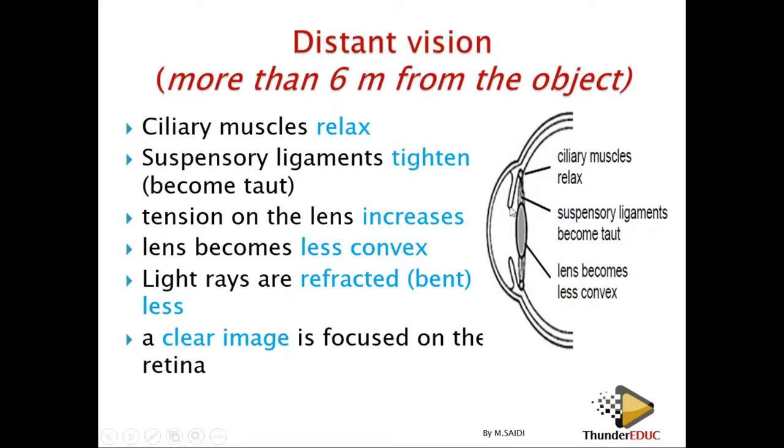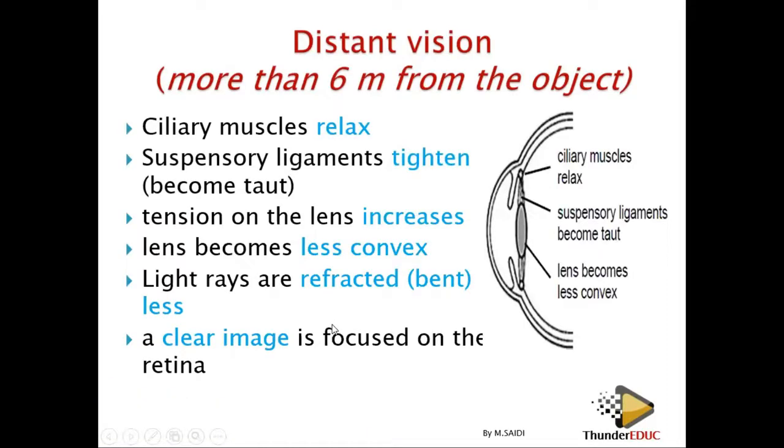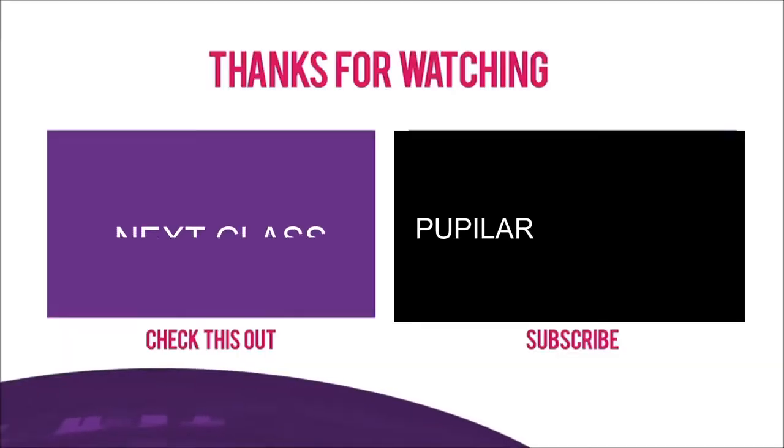Therefore, the light rays are not going to be bent as much as for a near object. That's why when you are seeing an object which is far, you see it as small. Why? The light rays come as a very small beam, and then it is bent to the retina, and a clear image is focused there. So that's how you can differentiate between these two.